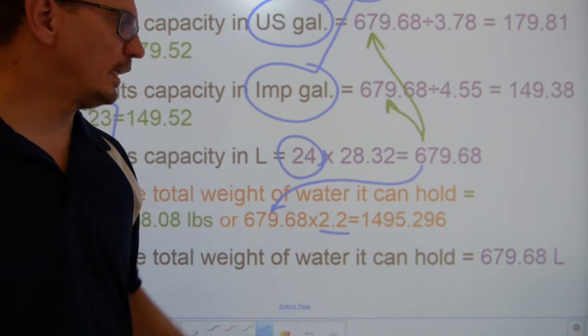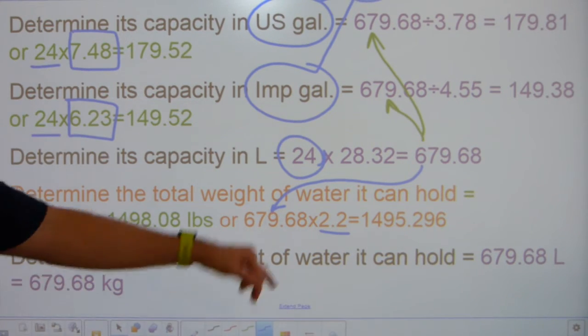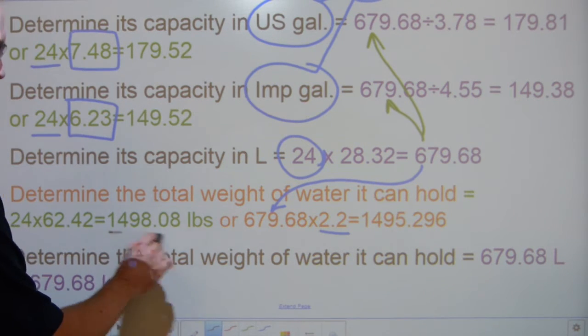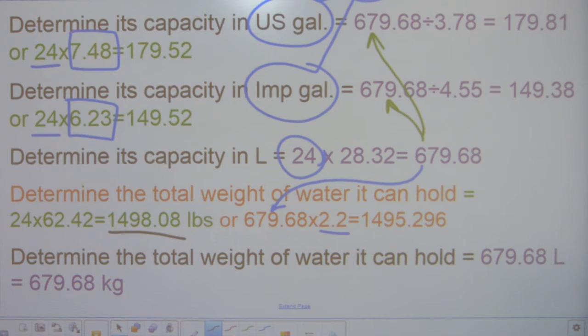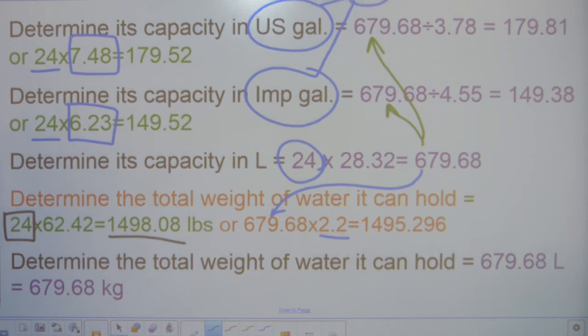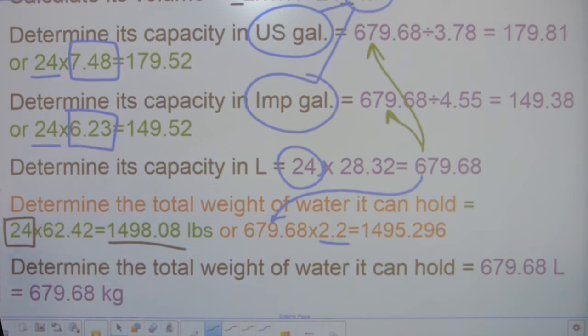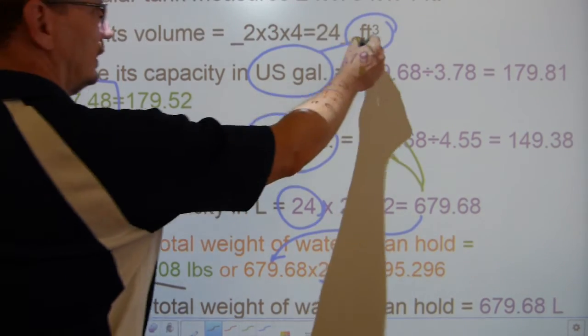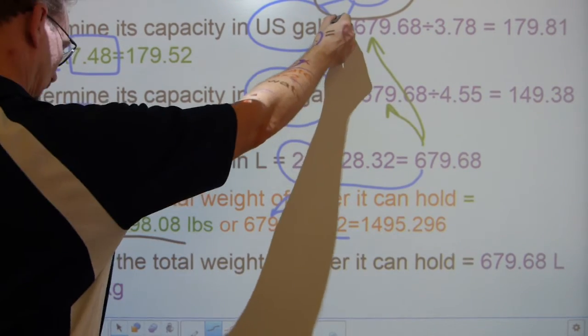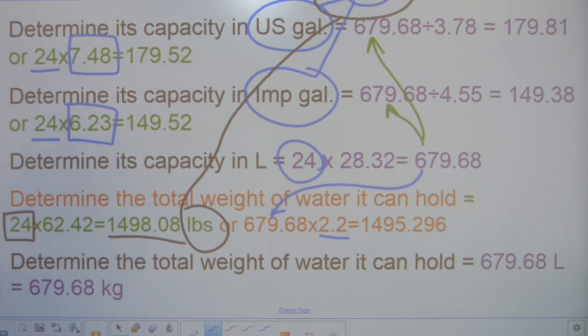So instead of 1,495 pounds plus change, I have a more precise approach here, 1,498 pounds, which uses the original 24 cubic foot amount and, instead of the 2.2 conversion factor, directly ties cubic feet together with pounds of water with a conversion factor.